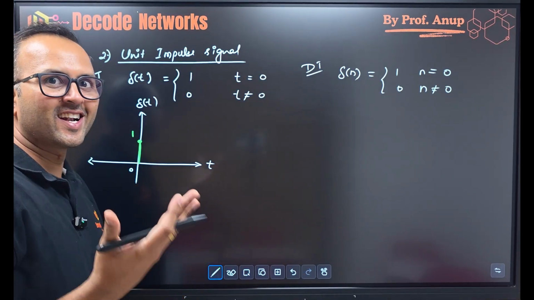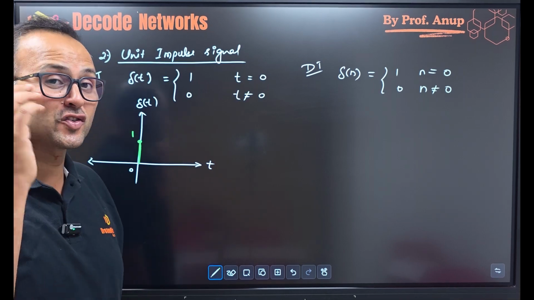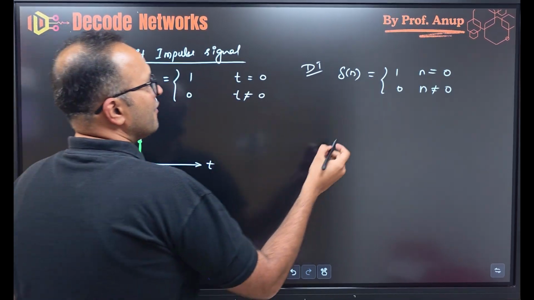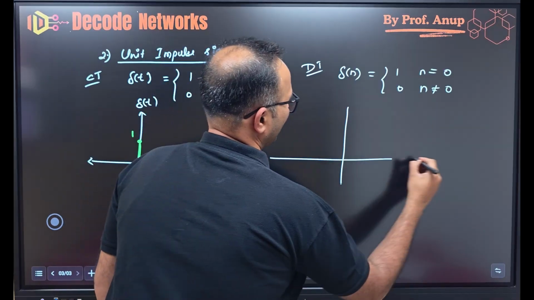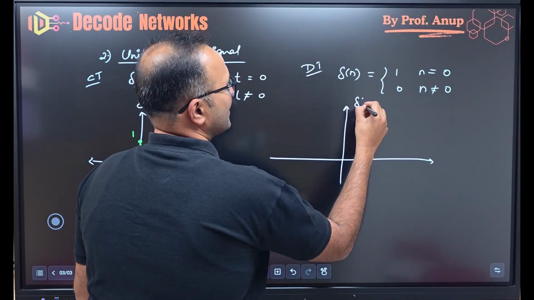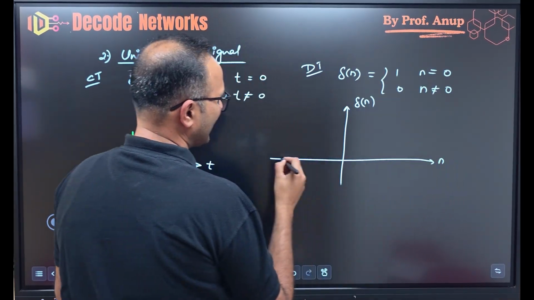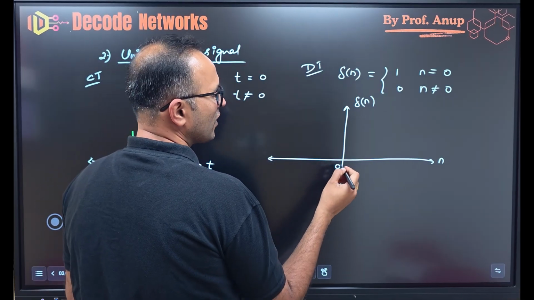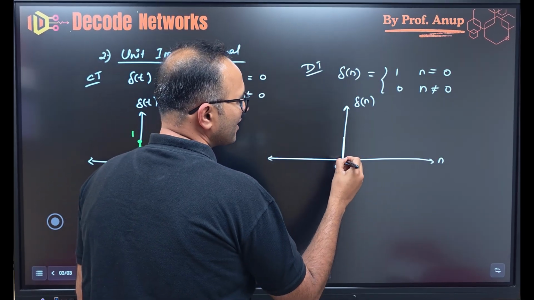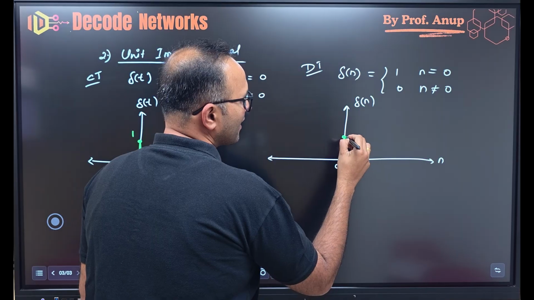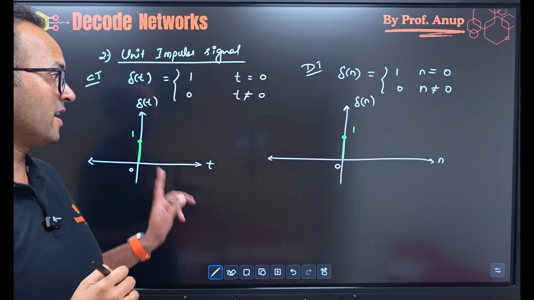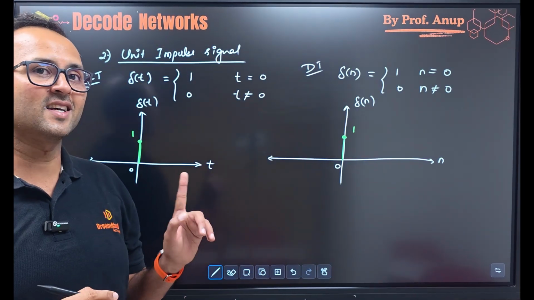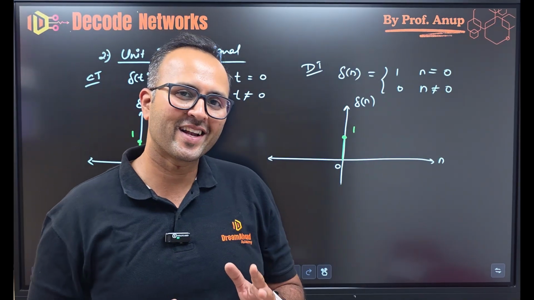Unfortunately, it looks same, but they are not same because your time is different. Here, this is del of n with n, and this is 0. Again, having amplitude of 1. Yes, it is looking same, but both signals are different. Hope you are clear with this.